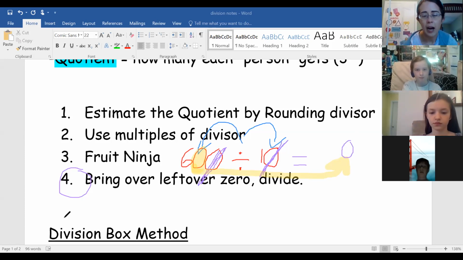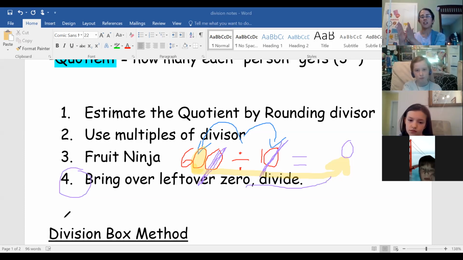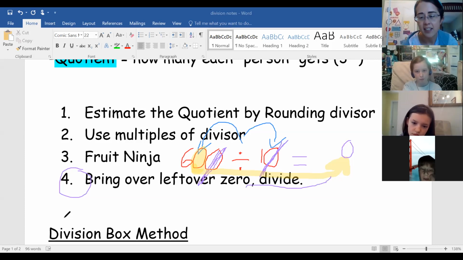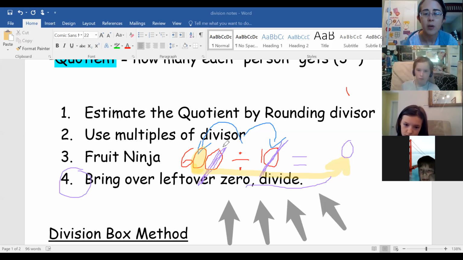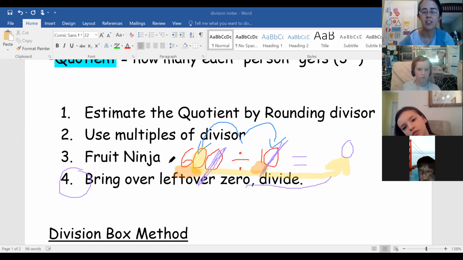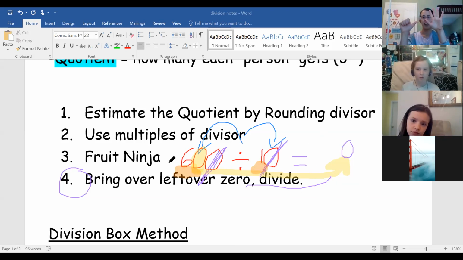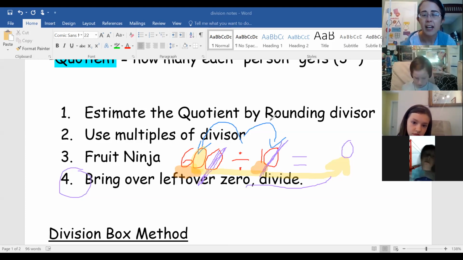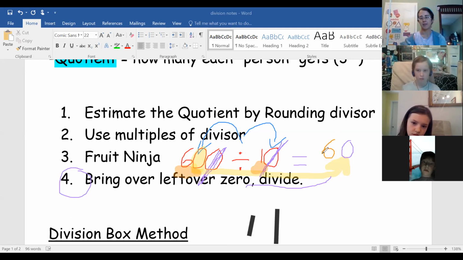So I brought him over to the other side of the equal sign, and then I divide to find my answer. What happens if I divide 6 by 1? So it equals 6. Because my one friend gets all 6 cookies. And that's why 600 divided by 10 is 60.